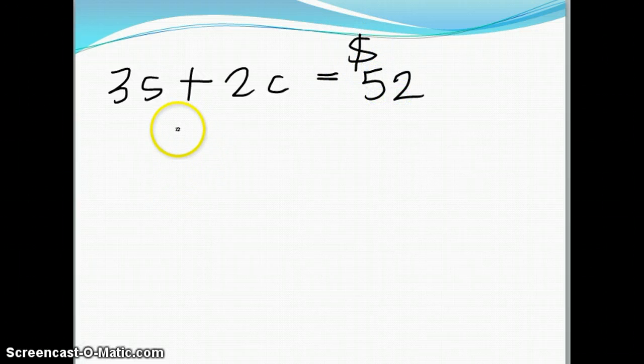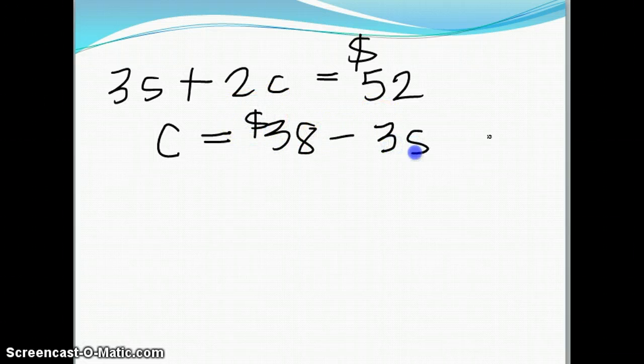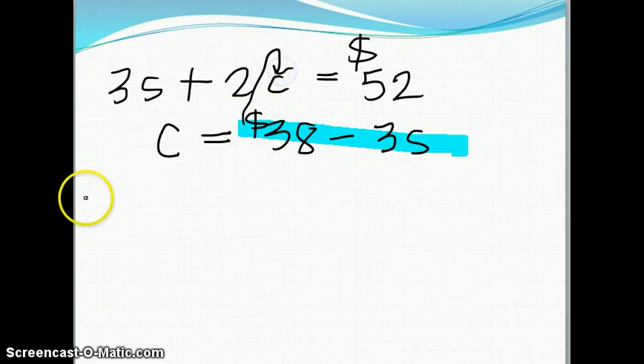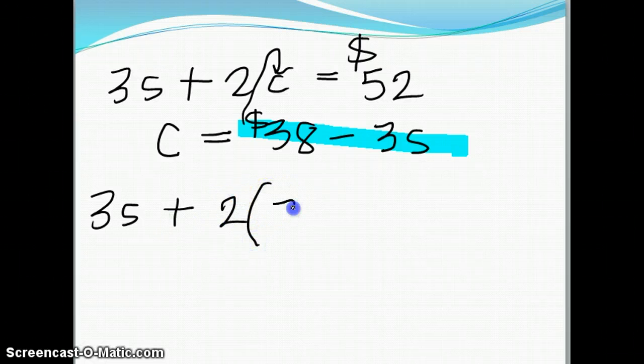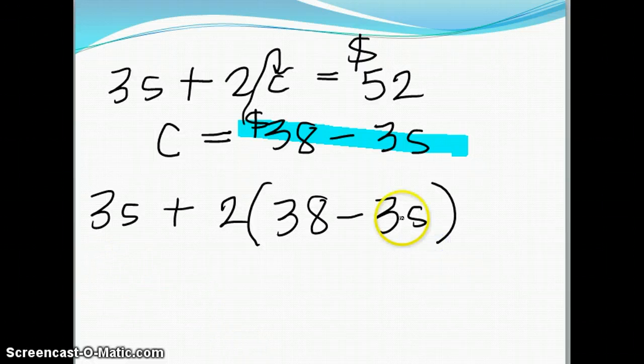And then I had the cost of a child's ticket is $38 minus the price of 3 senior citizen tickets. From there, this is my blob, and I'm going to substitute my blob in wherever I see this C. So I have 3 senior citizen tickets plus 2 times my blob, which is 38 minus 3s. And that'll give me that $52.